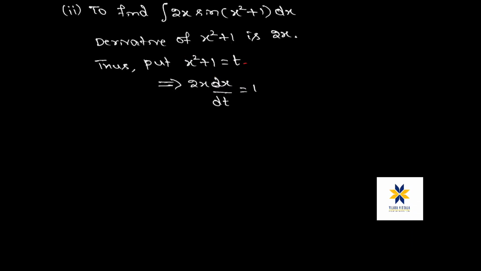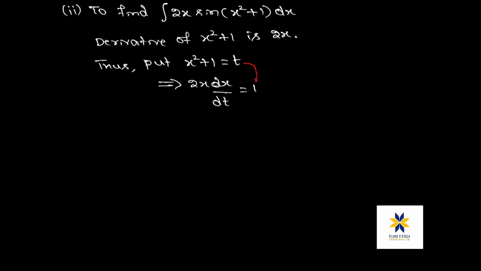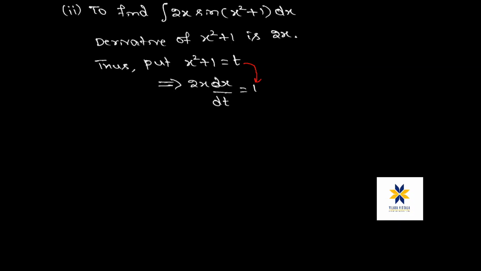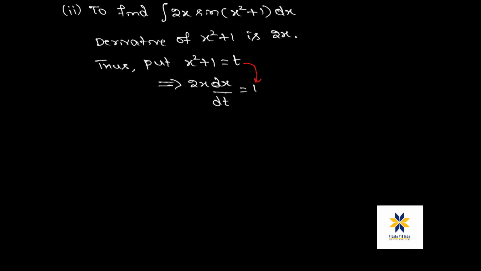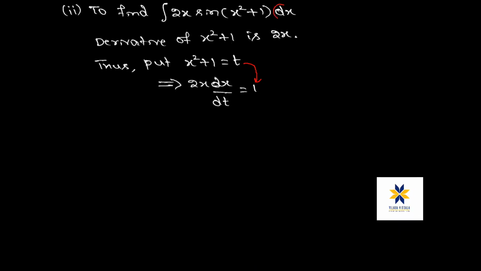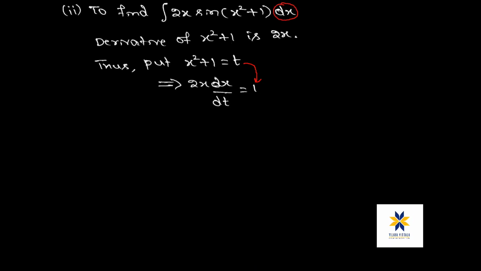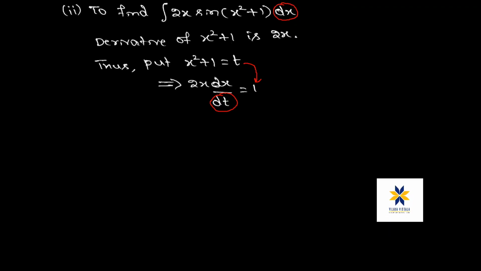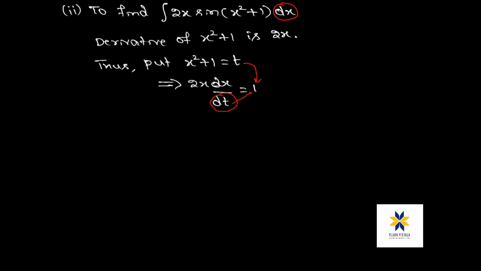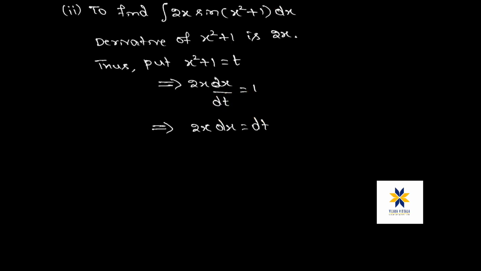Since we want dx in terms of dt, let us take this dt to the other side by cross multiplying. So what we get? 2x dx is equal to dt.